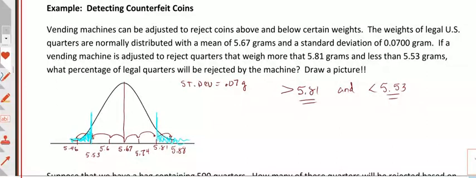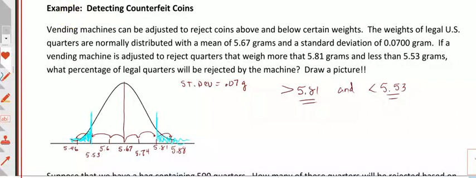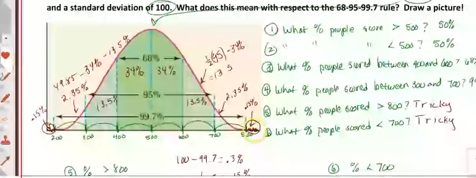Once you've got the picture, it's just a matter of figuring out what those little percentages are and adding them up. So if we go back to our previous page, we saw some values for each strip. These little tiny tails were 0.15%.